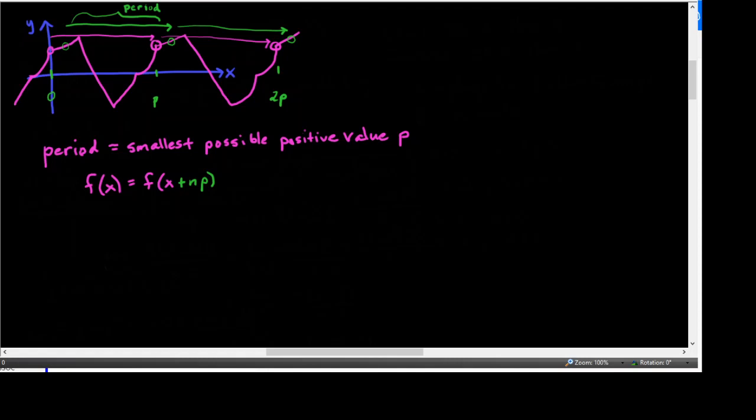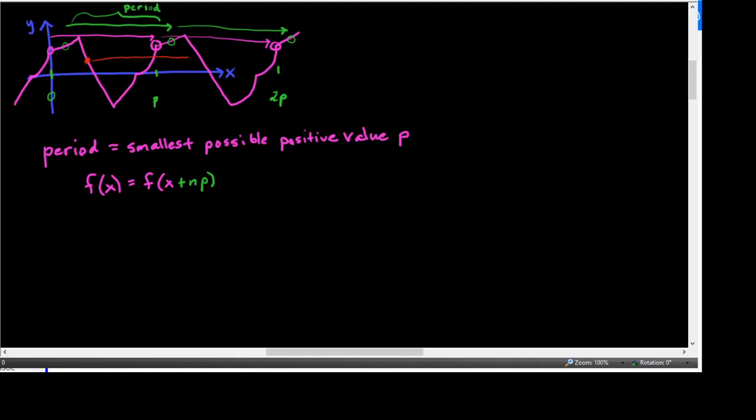I happen to pick two pretty easy to identify. The one that kind of starts that linear piece, and the other one in green is where it's kind of in the middle of that linear piece. But any point on this graph, just pick any random point, and p later, you'll have the same thing happening.